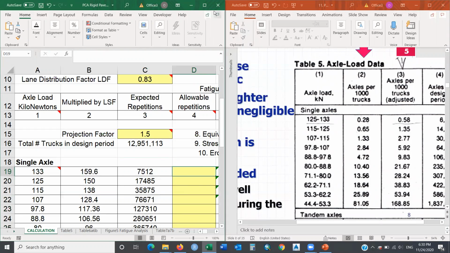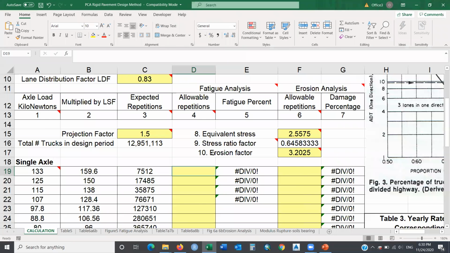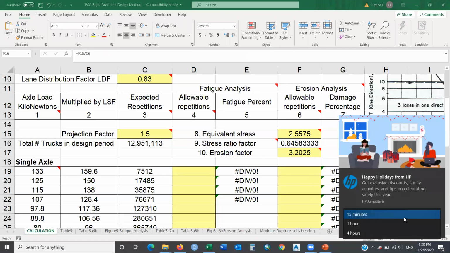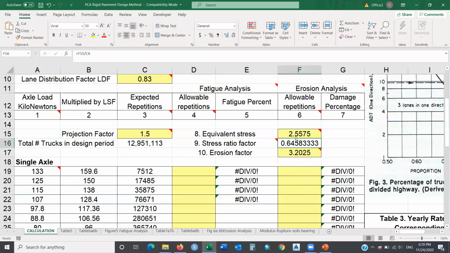Now, we're going to go into the allowable repetitions. For the allowable repetitions, oh my goodness, can you guys see this ad coming? This is the pivot that I was talking about. So it's 0.6458.